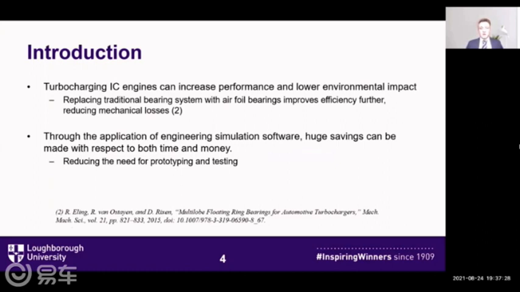Most commonly, in the past, turbochargers have utilised floating ring bearings, which can be a source of noise and also mechanical losses, as well as requiring large cumbersome oil feed systems. By replacing these with airfoil bearings, the overall efficiency of the turbocharger and internal combustion engine can be increased. Therefore, an overall improvement in fuel economy and reduction in emissions would be experienced.